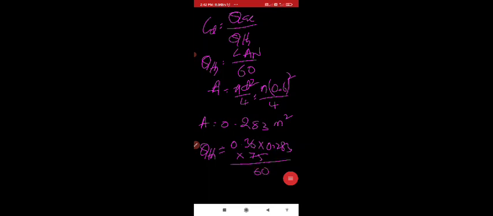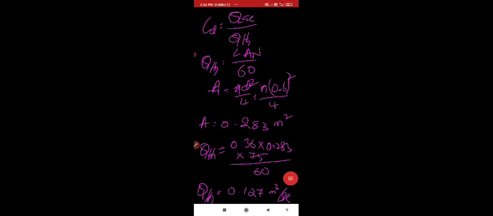Calculate it, you will get the theoretical discharge here. Q theoretical is equal to 0.127 meter cube per second. This is the theoretical discharge.